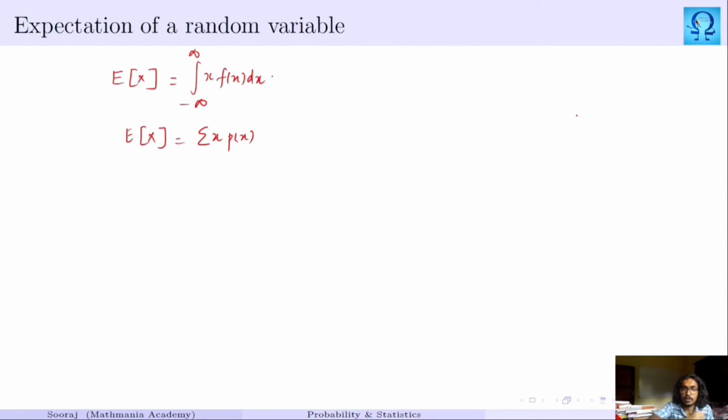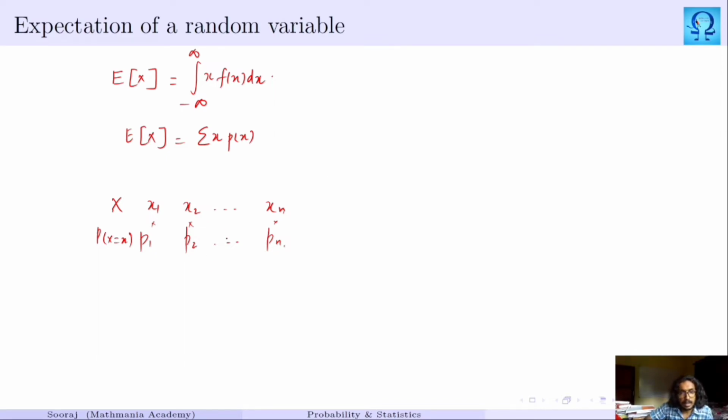So if you come back here, what is happening? Associated with all the possibilities in the case of a discrete random variable, we have a probability associated with all these values. We just multiply the corresponding things and sum them up. It is the average or expectation.